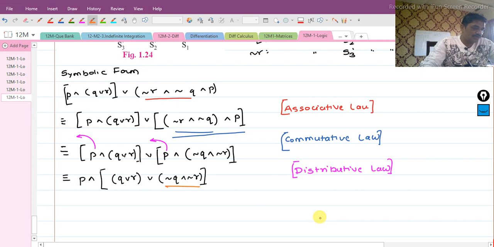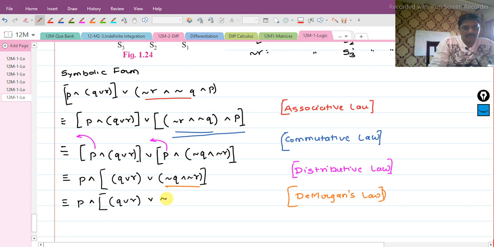De Morgan's law क्या मिलेगा बताइए? This will give me De Morgan's law when if I'll use. तो ये क्या बन जाएगा? P and Q और R. नेगेशन बाहर आएगा, Q और R बन जाएगा. Look at this carefully.